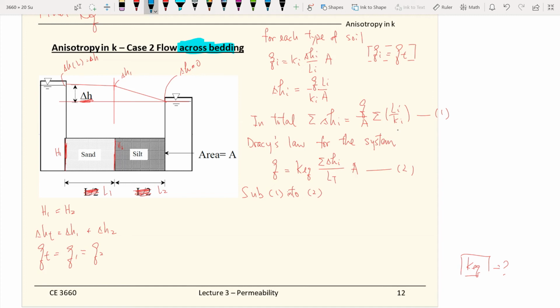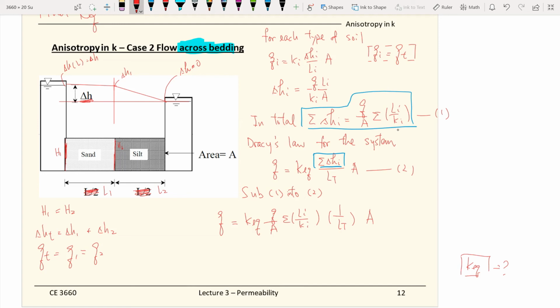Which means we substitute this part into this part. Then we get this equation: Q is equal to K equivalent, and then we just substitute equation 1 into equation 2 there, and this is divided by the total length times the area.